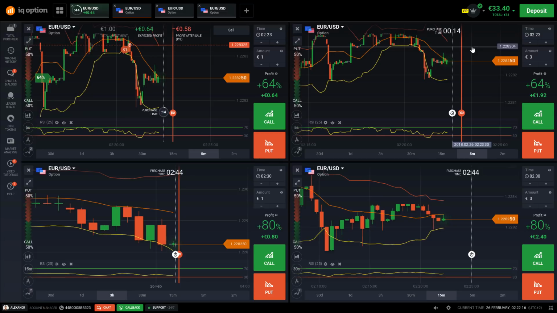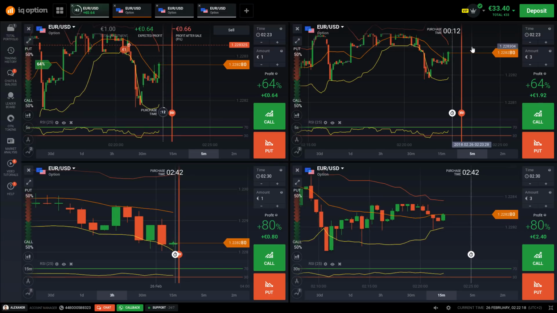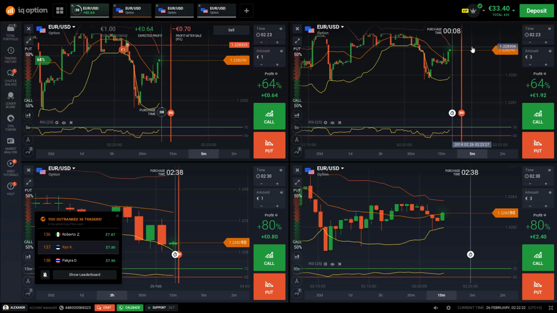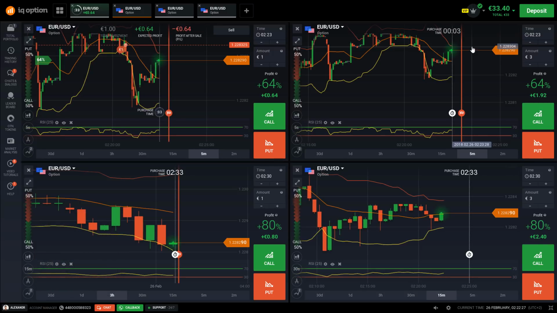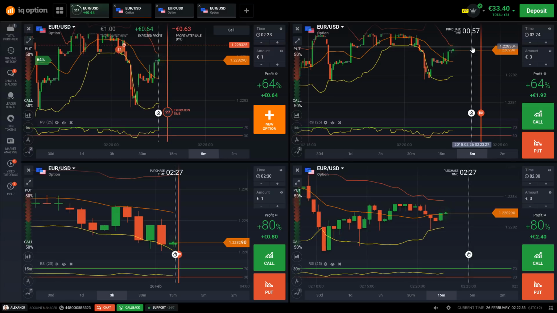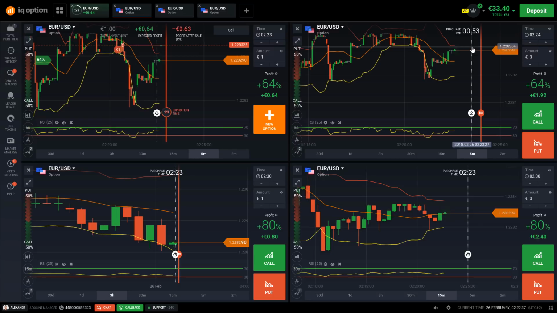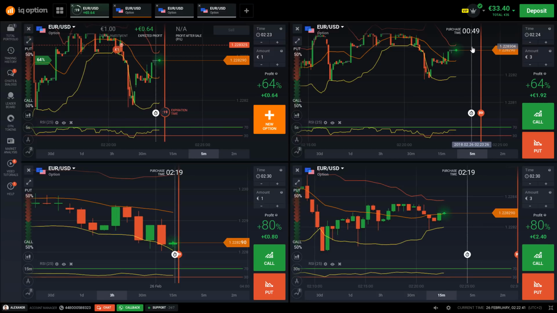Right now it's completely undecided. But the red has already reached the bottom RSI, so now it is growing upwards.